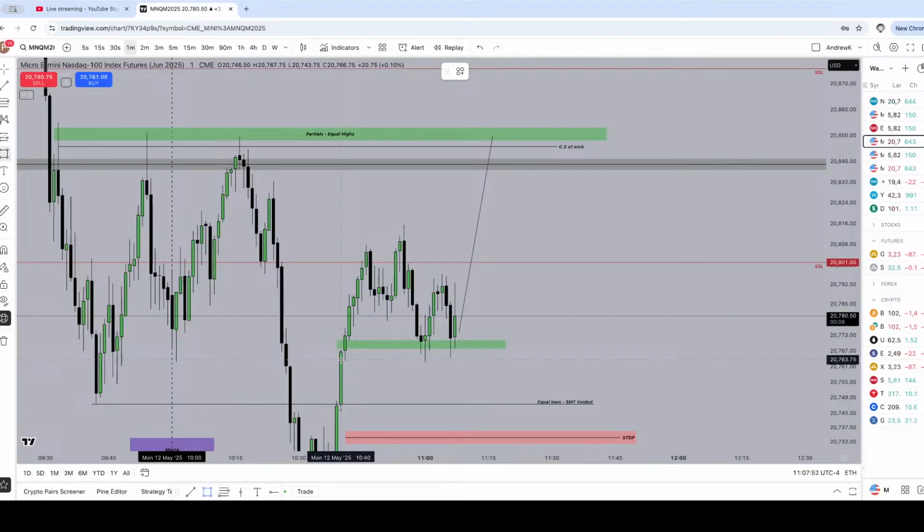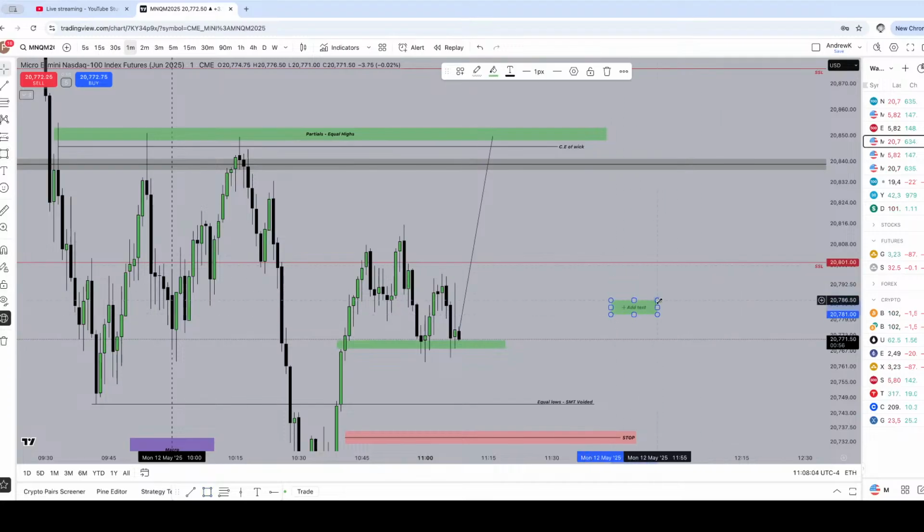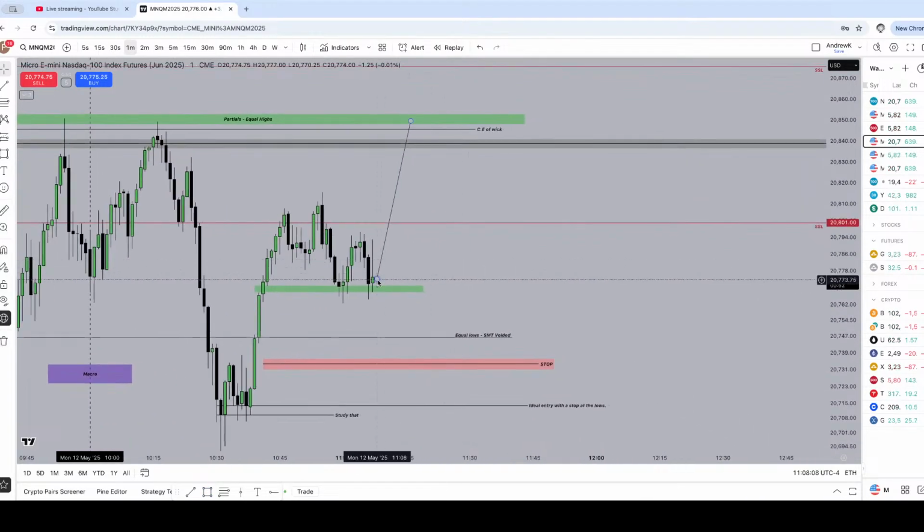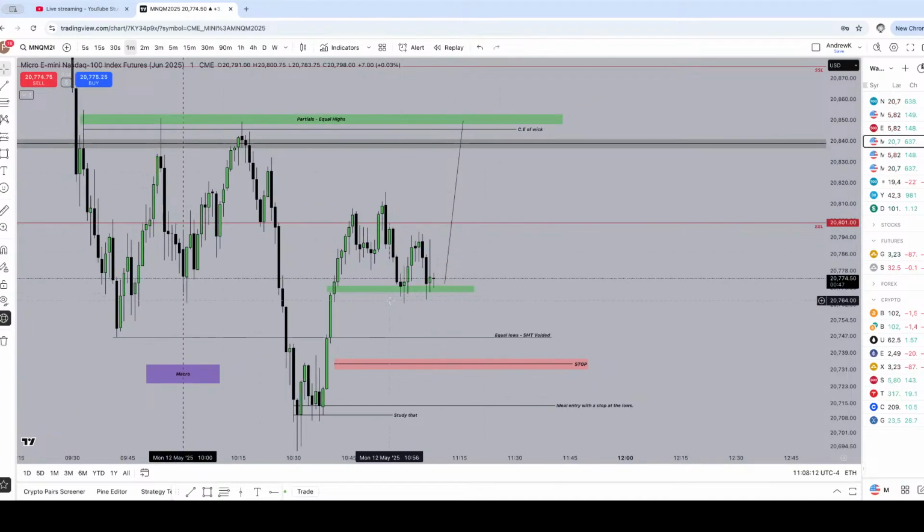Let me check ES real quick because I may have missed something just to be on the safe side. No. ES didn't hit that low either. So it's looking like what's going to happen, and I'm giving you a preview for the PM session. If this closes below, this is going to be engineered liquidity for the PM session.